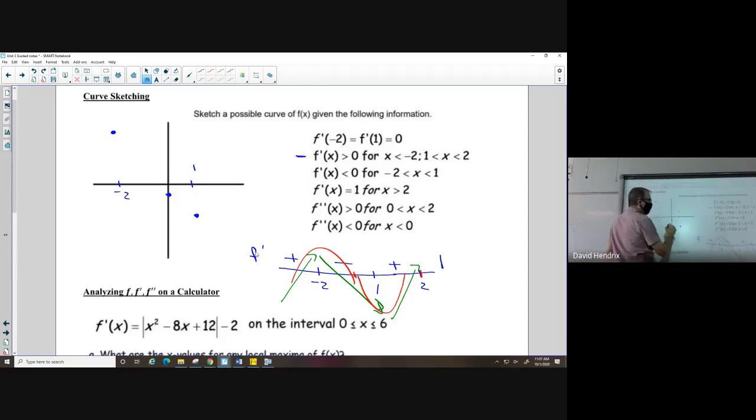And then out here, once I get to 2, we're going to have a slope of 1. I know that's going to be true. We know this slope has to be 1 in that section. So this point is going to be concave down, like that.